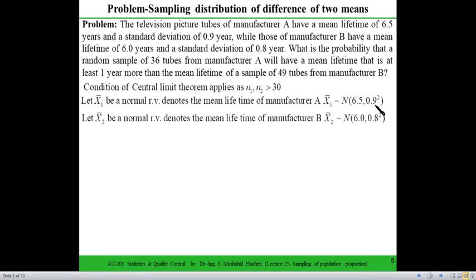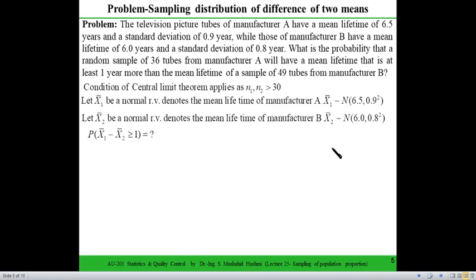Similarly, we can write for manufacturer B, x2 bar represents the normal random variable, which denotes the mean life of the television tube from manufacturer B, whose mean life is 6 and the variance is 0.8 square.